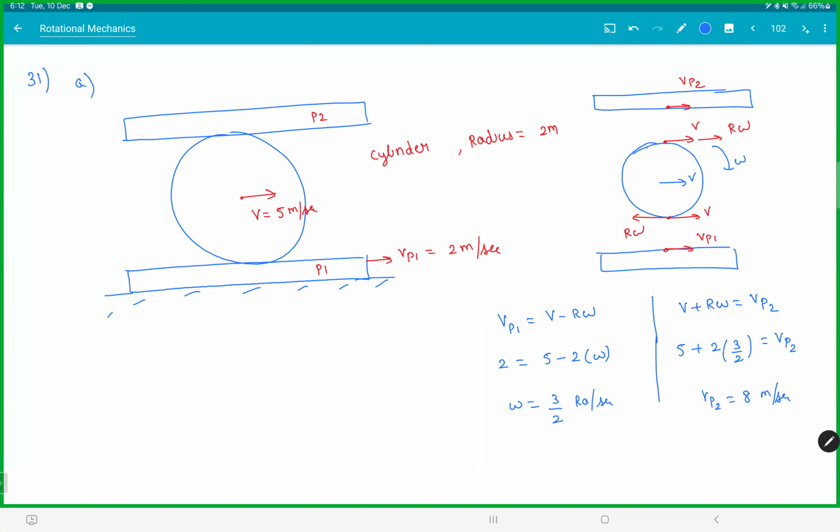Easy? This is what I'm saying. If you blindly say v is r omega, you're gone. So that v is equal to r omega would come if this thing had been on the ground and the ground was at rest. Is this clear, everyone? Got this? Let's see one more like this.